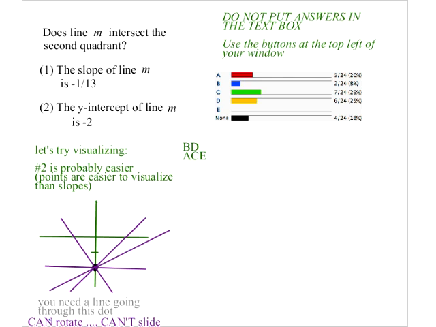So the second quadrant, by the way, the GMAT will probably tell you where the second quadrant is. But the second quadrant is this quadrant up here. So notice that some of these lines go through the second quadrant and some of them don't.